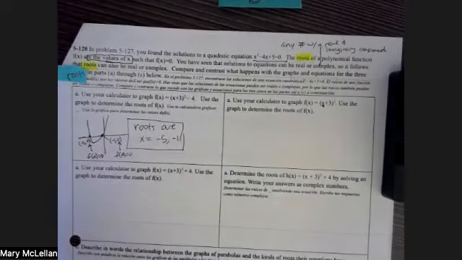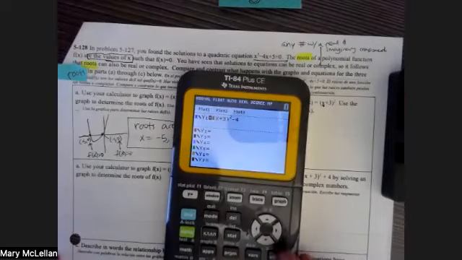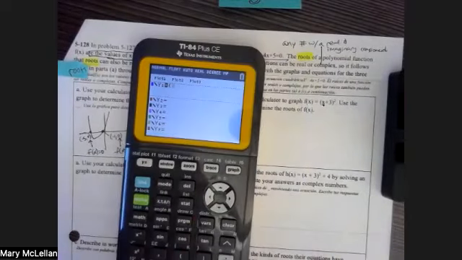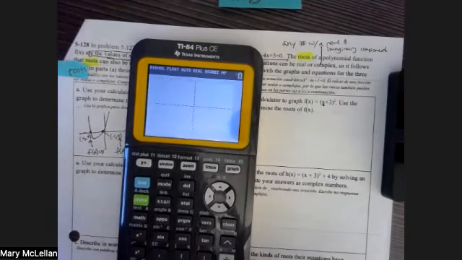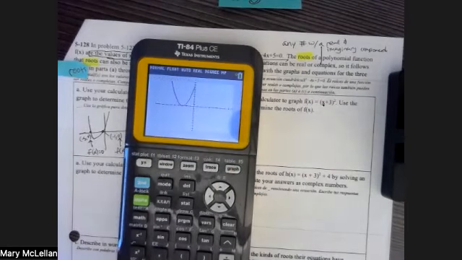Okay, next, part A. Use our calculator to graph f of x equals x plus 3 squared. Use the graph to determine the roots of f of x. All right, here we go. Y equals x plus 3 squared. Graph it. There it is.